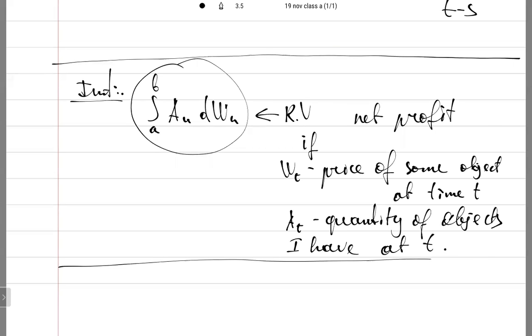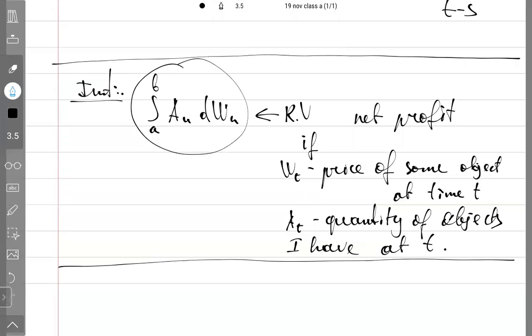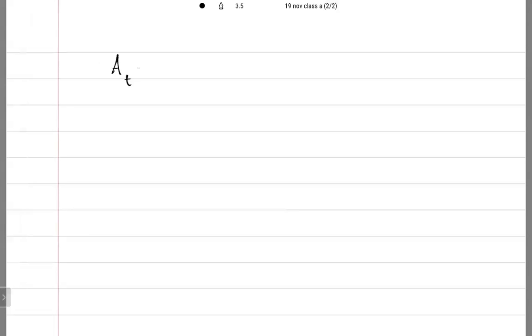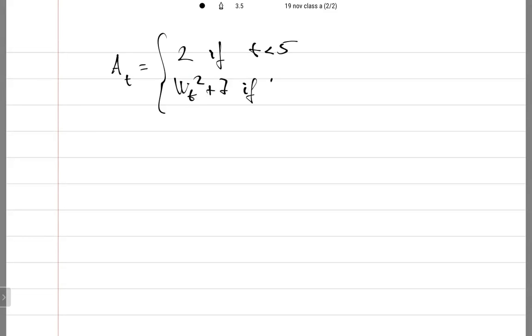Okay, so let's provide an example; my page is finished, so I will go on to the next one. Let's consider At like, I don't know, 2 if t is less than 5, and Wt squared plus 7 if t is greater than or equal to 5.